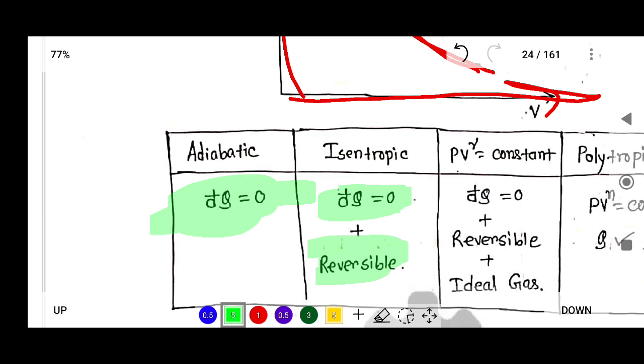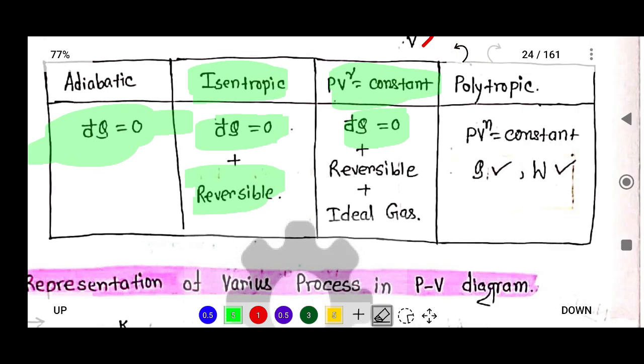That means a reversible adiabatic process is also known as an isentropic process. And if it is PV to the power gamma equal to constant, that means dQ equals 0 and it must be a reversible process, and here we can apply the ideal gas equation. Now in a polytropic process, PV to the power n equal to constant, heat is transferred and work is also transferred through the boundary.